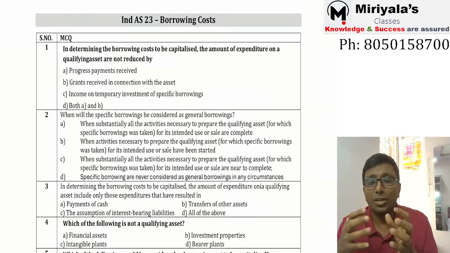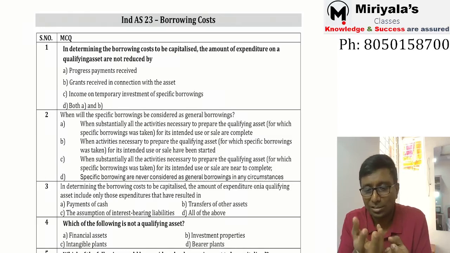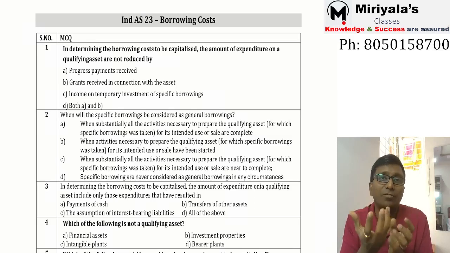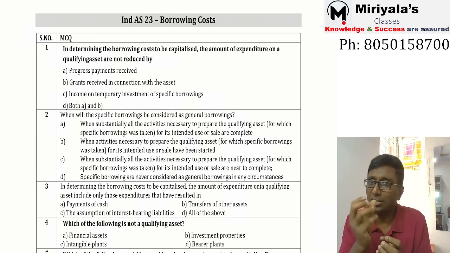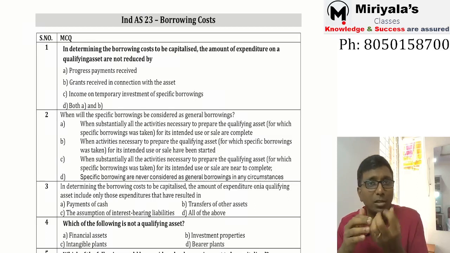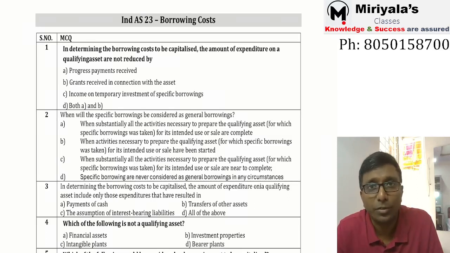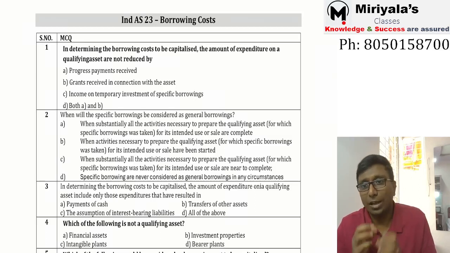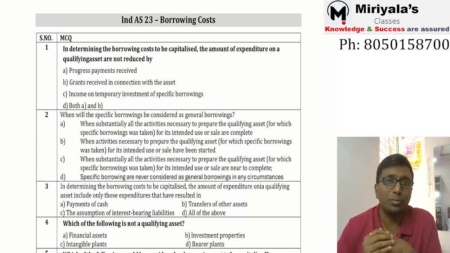Since this loan is being utilized for the construction of a plant, we bifurcated that loss: to some extent it is capitalized as a borrowing cost, and the remaining has been charged to profit and loss as a foreign exchange loss. So that is also an important point.